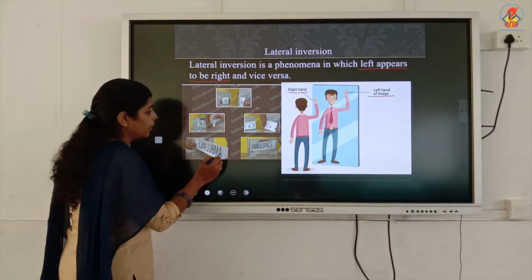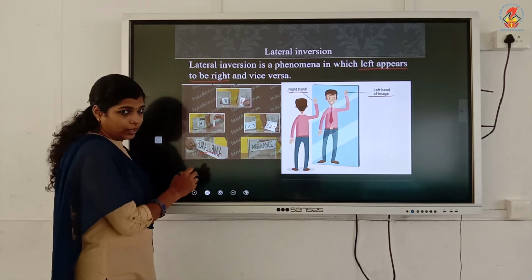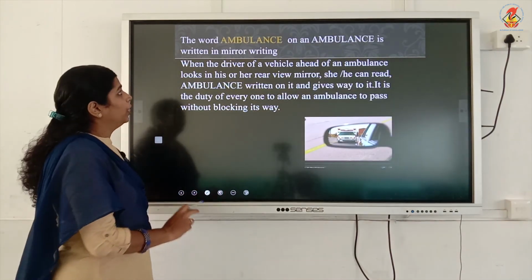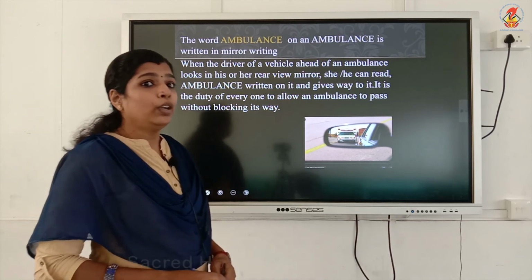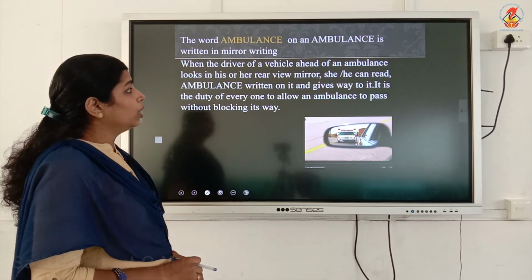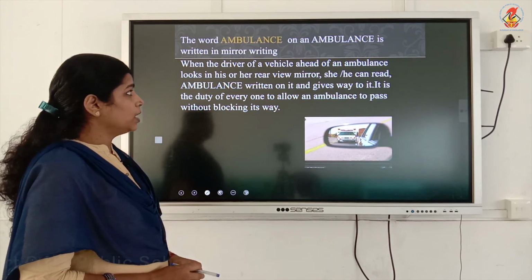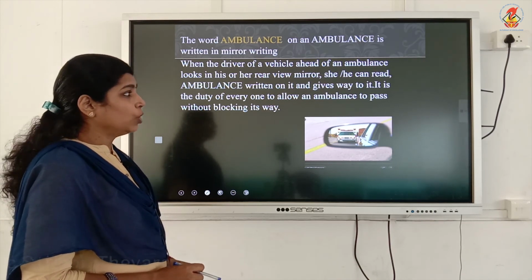In this way we write the word ambulance on that vehicle. So the driver of the vehicle ahead of the ambulance can read the word ambulance through the rear view mirror and give way to it.